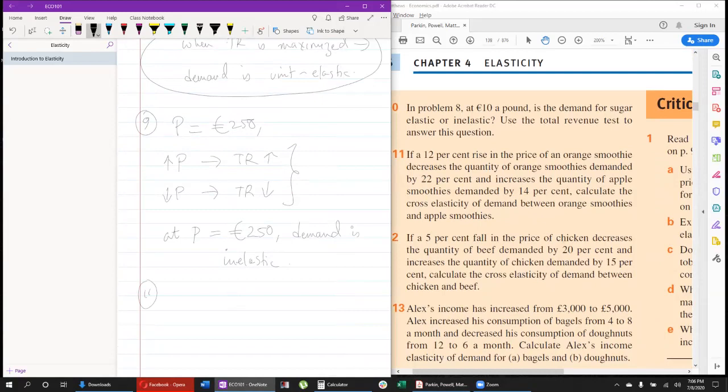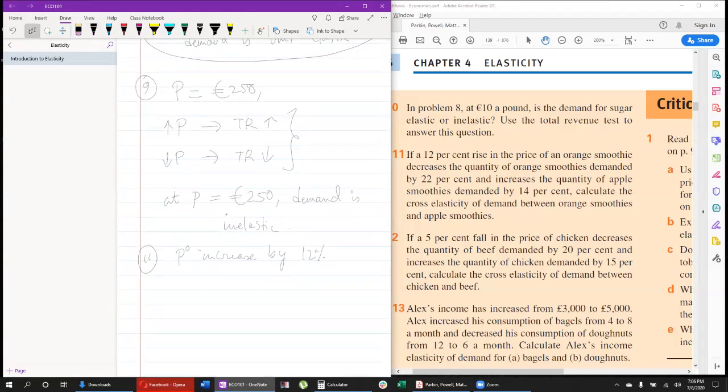Okay, so what we know is that price of orange has increased by 12%. Orange smoothie, so I'm just writing orange. Quantity demanded of orange smoothie as a result has gone down by 22%.